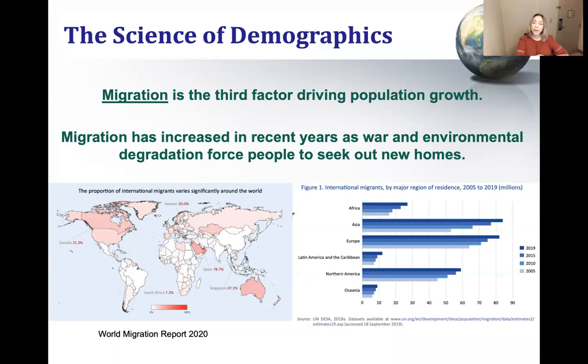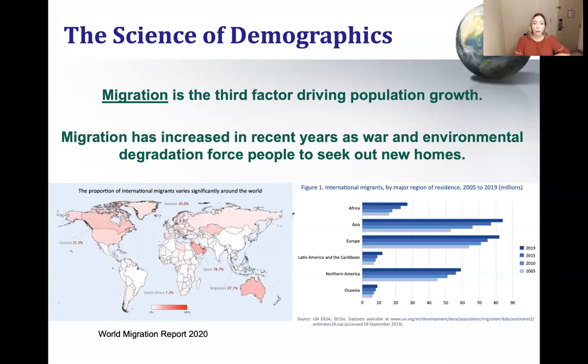And in recent years, this has caused considerable environmental damage as people overwhelm the services of a country. Let's say if you have a mass migration into another country, maybe they don't have housing or sanitation or those things to deal with the influx of people. And that can cause environmental damage.